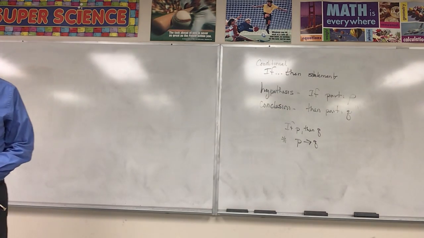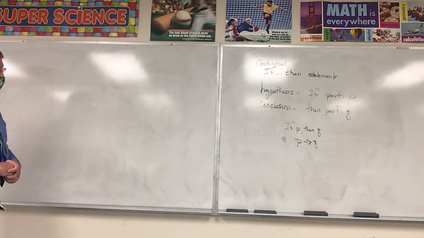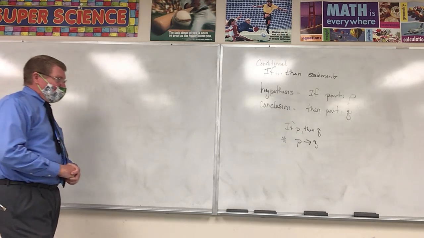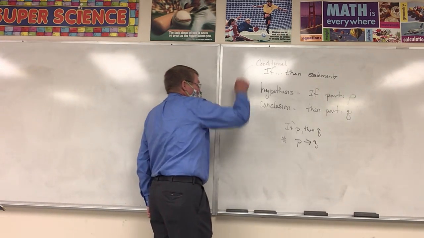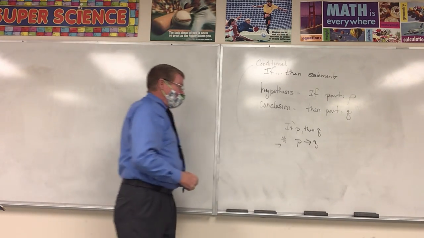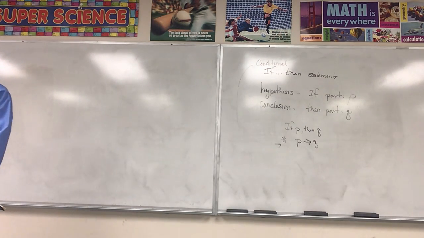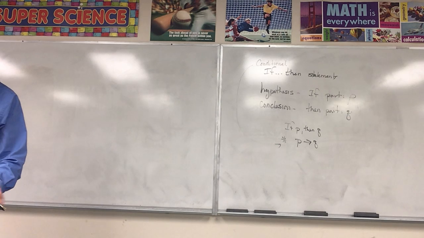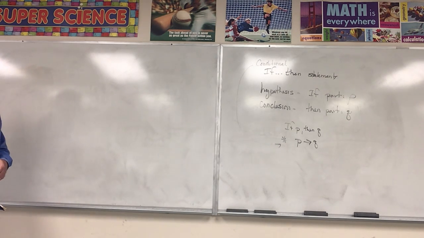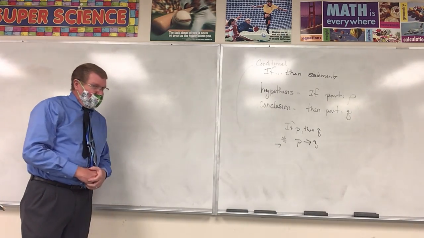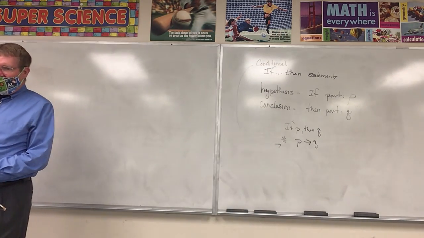P then Q, which is our conditional statement. A lot of times we will have our conditional statements. We can make almost any statement into a conditional statement. But we can make up a truth table, or truth value, of our conditional statements.